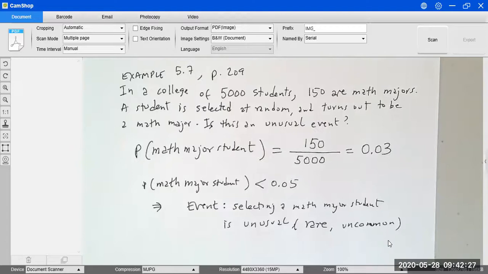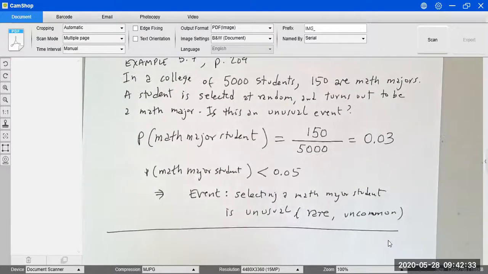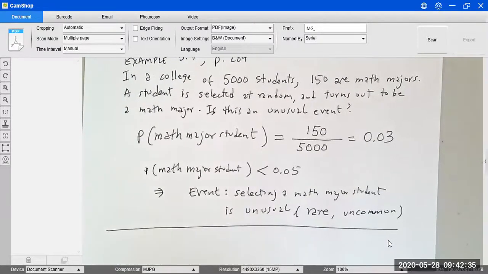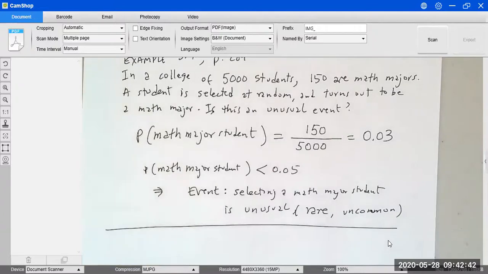So now I'm going to give you your assignment for this section. It's a lot of problems, but they are very simple in nature. So you're going to see that you can solve these problems very easily.